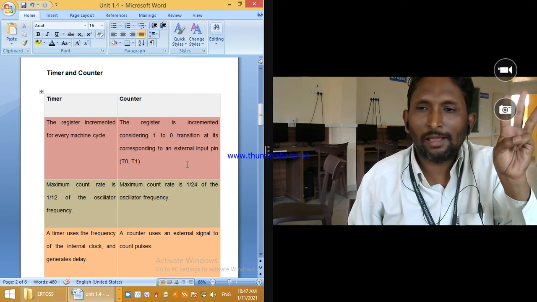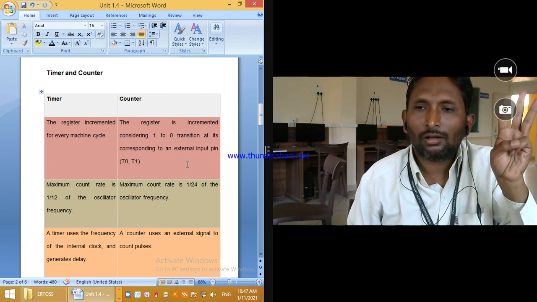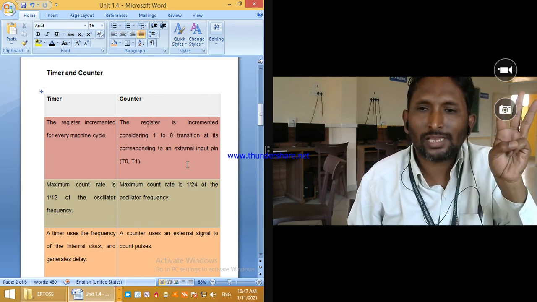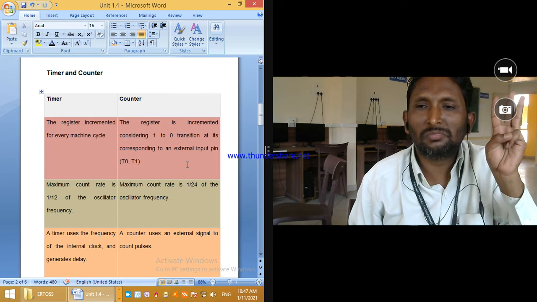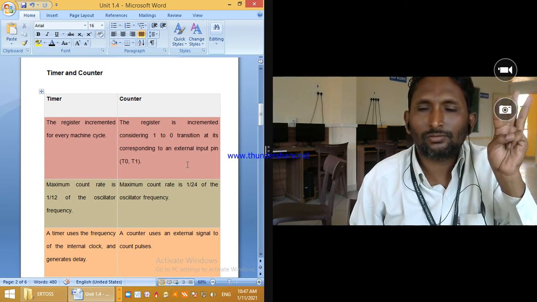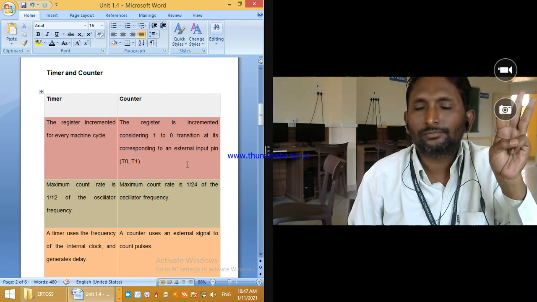Number 3, the timer. A timer is one kind of machine cycle that is maintained through quartz material. The frequency of that quartz material is measured to count the timing.